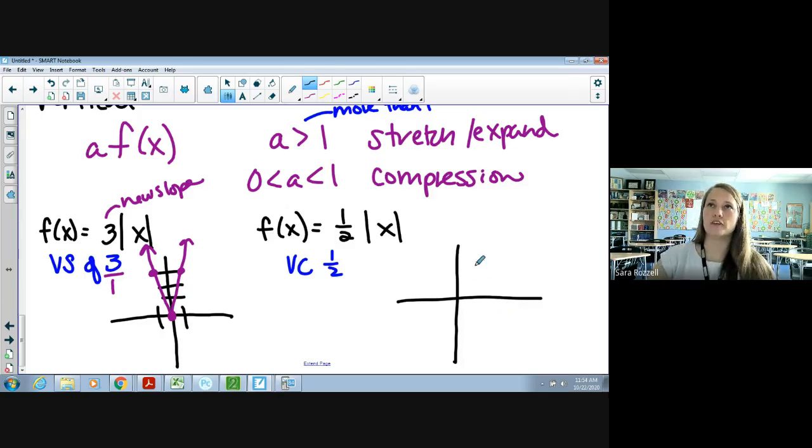Did we do any moving? Nope, we didn't do any moving. So our vertex is going to be the same. What is our slope? Up 1 over 2, up 1 over 2.